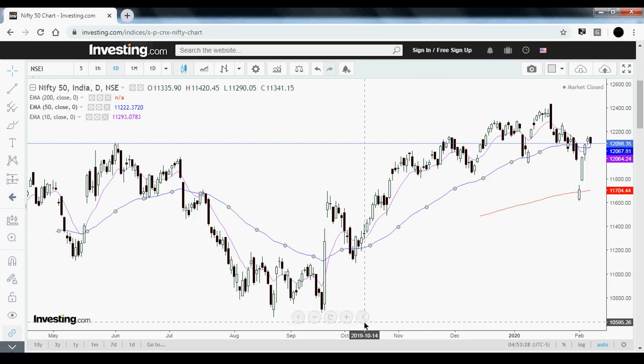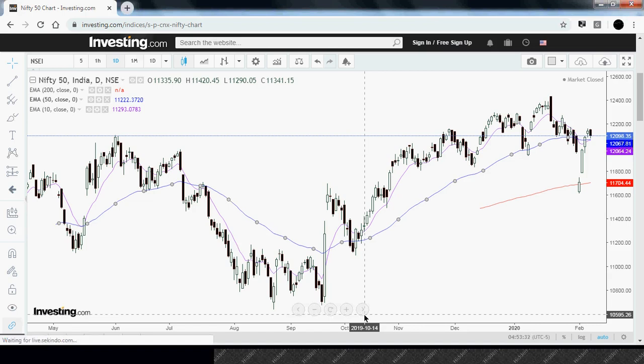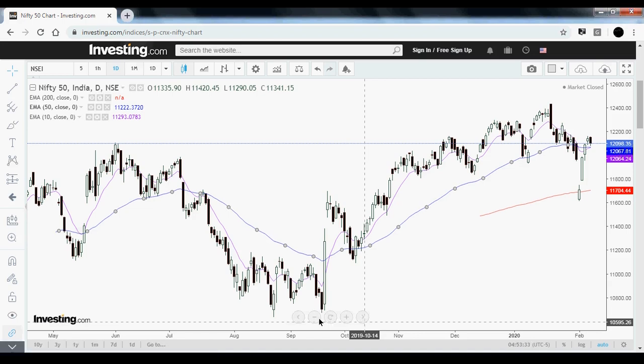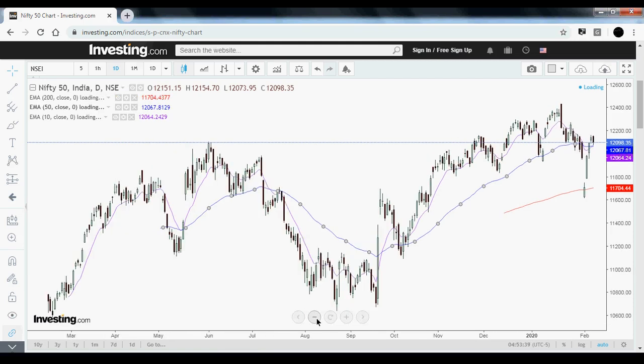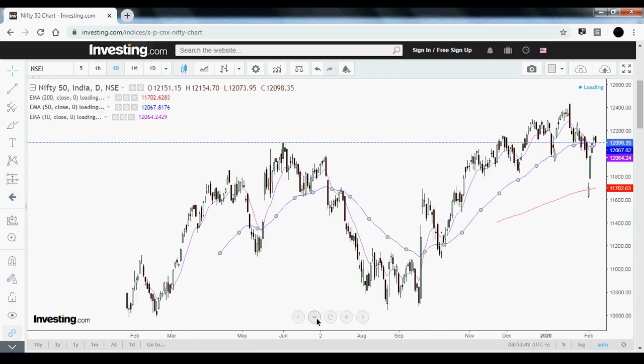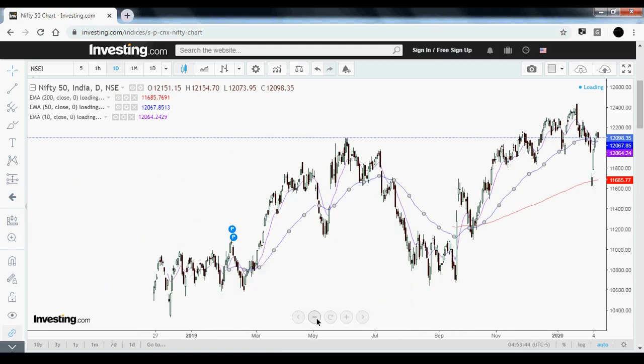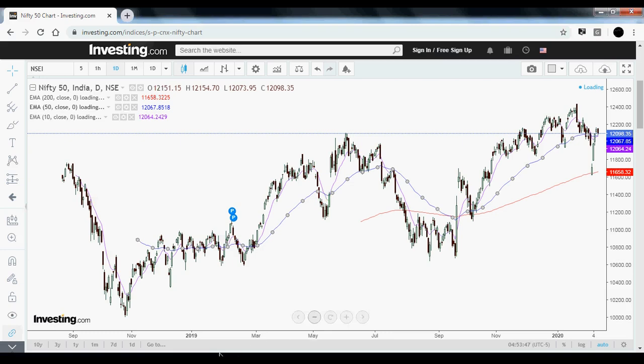For any stock or index you are trying to trade, you put them on and see what the market or stock is doing as compared to these three moving averages. That will help you in identifying the trend and trading in the direction of the trend.